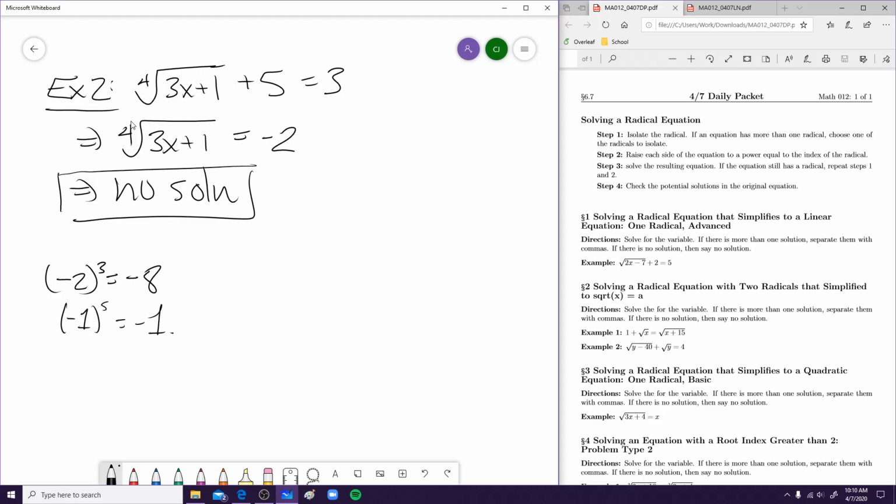So when you have odd roots, you can still have a negative under the root. If I asked you, what is the cube root of negative 8? It is negative 2. But if I asked you, what is the square root of negative 4? That is not a real number. That's the difference between even roots and odd roots. But in this case, because it's even and we're equal to a negative, there's no solution.